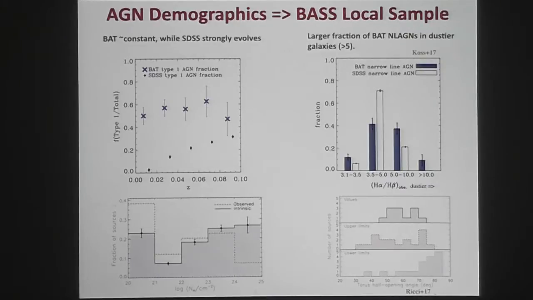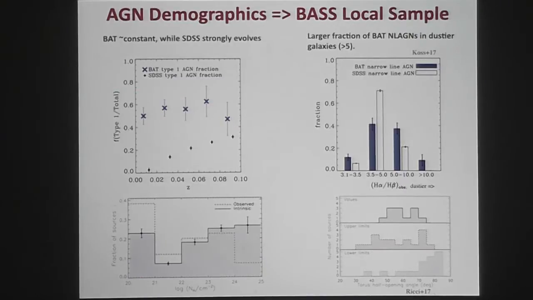So you can make a generic torus model, and you can then understand the opening angle you need to reproduce the data. For all of these sources with these column densities, you come away with a model where the torus opening angle is somewhere between 70% and 90%. This gives the right fractions of sources with these column densities, the different fractions of type 1 versus type 2.